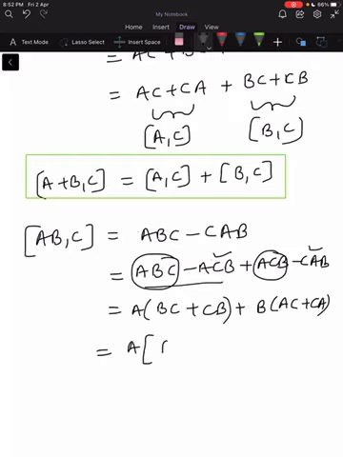So this is the result. From here we can write it as a[b, c] + [a, c]b.